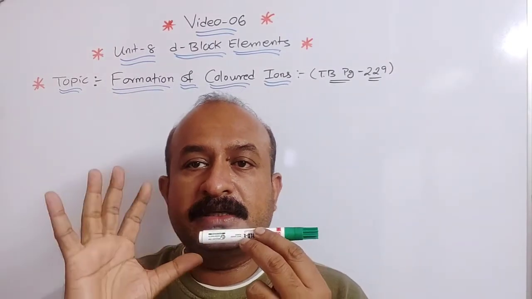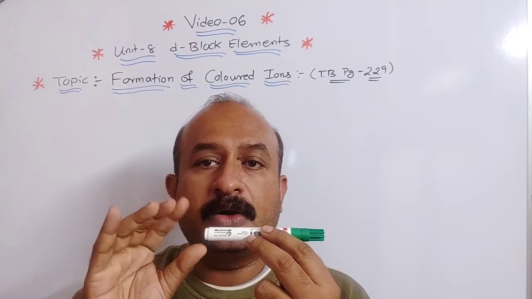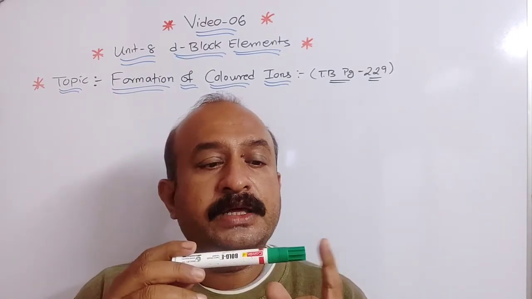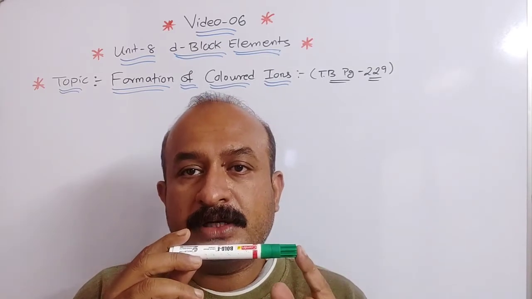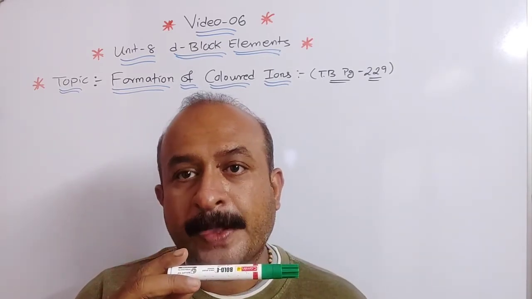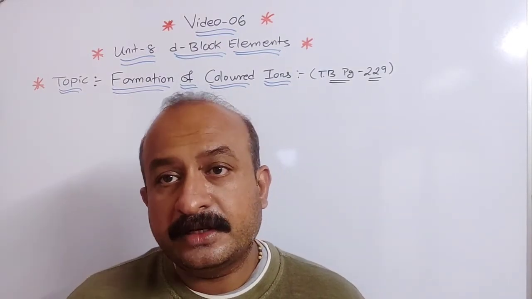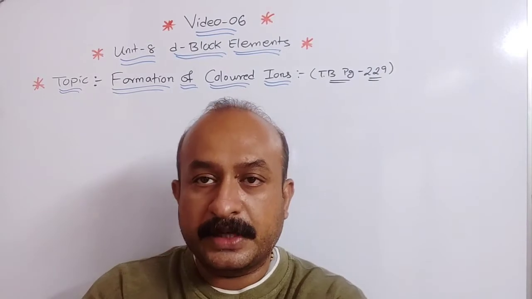The reason is that out of the 7 colors, all the others are absorbed, and only the color which is not absorbed is reflected back. Understood? So the one which is not absorbed will be reflected, and that color you can see.